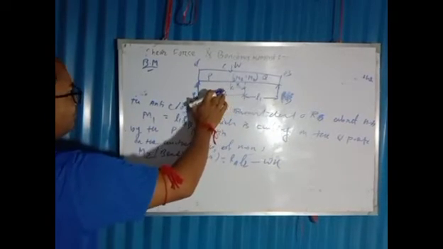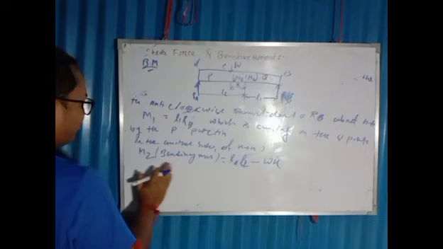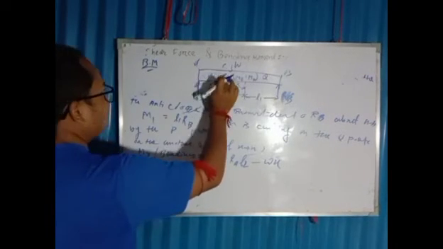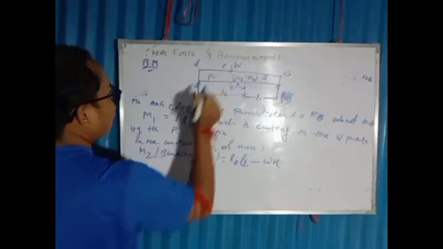The algebraic sum of their moments will be the bending moment M2 of the P section.